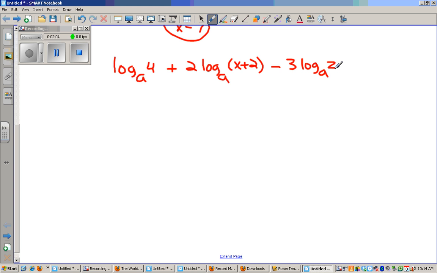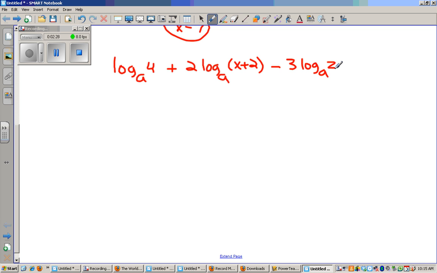Yesterday, or at least the last class, we learned that there were ways that we could use the log laws to simplify an expression. What we learned is that if there's a log that has an equal base, we can rewrite that as one base. These three we can write as one base.